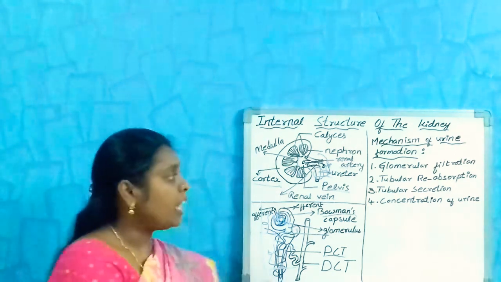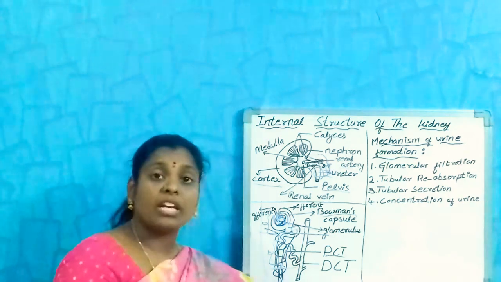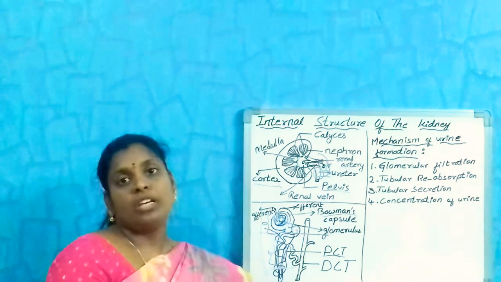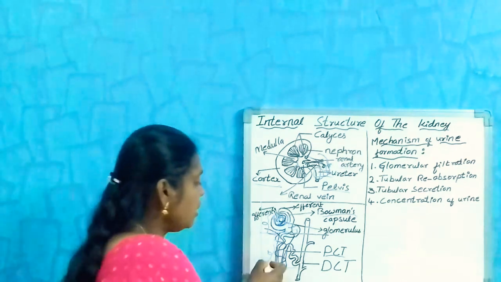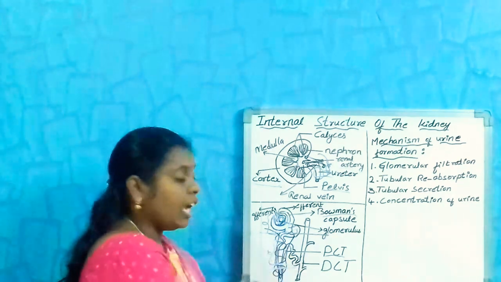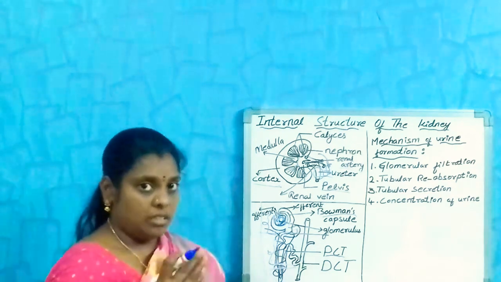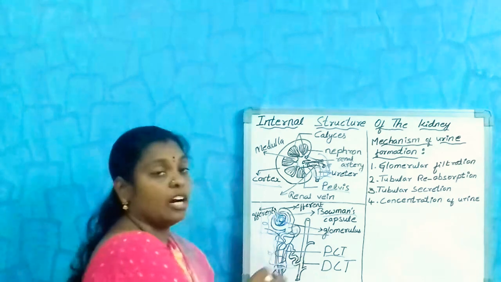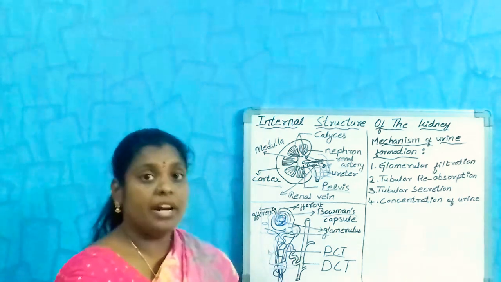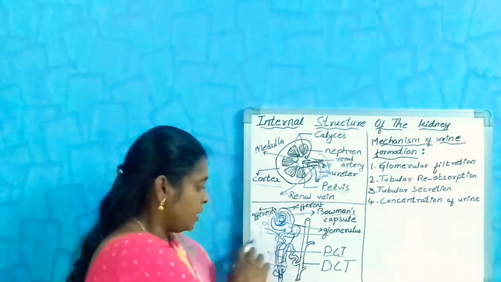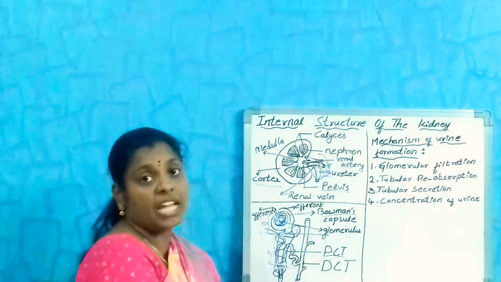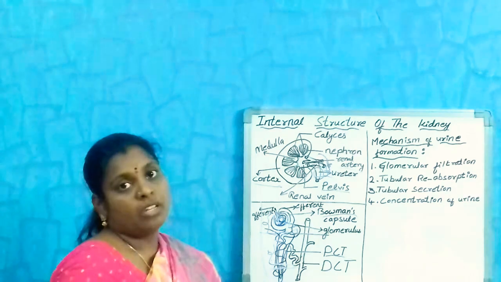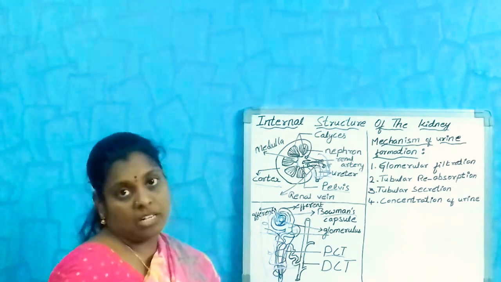So the main function of tubular reabsorption, which takes place in the proximal convoluted tubule, is that any important blood substances which are present are absorbed again, given back into the blood, and the waste is sent into the DCT, the distal convoluted tubule, through the loop of Henle.